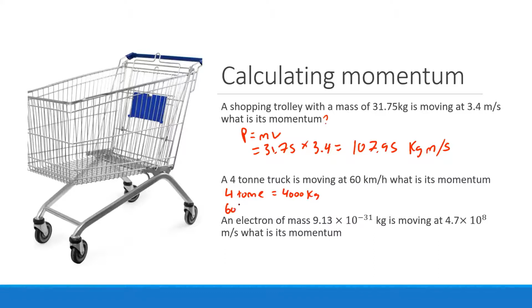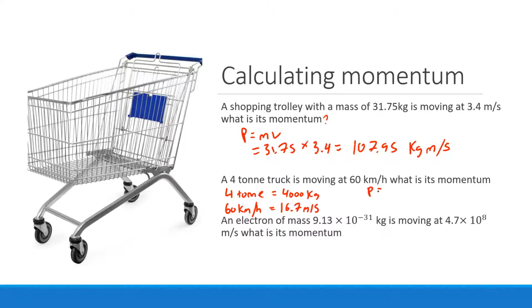And 60 kilometers per hour comes out to be about 16 meters per second. I've started to memorize this because I use it so many times. 60 divided by 3.6 is 16.6, so we're going to go with 16.7 meters per second.